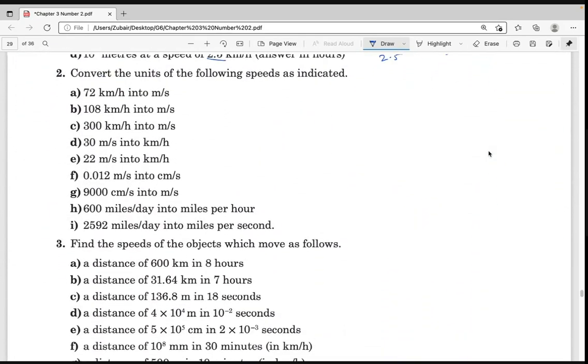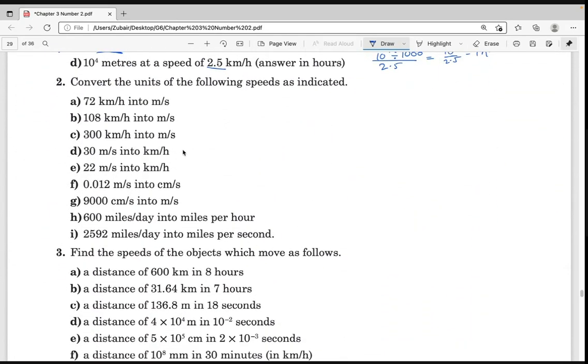So kilometer per hour to meters per second. For the first three, I'm going to multiply them with 1000 over 3600, and I'm getting this.